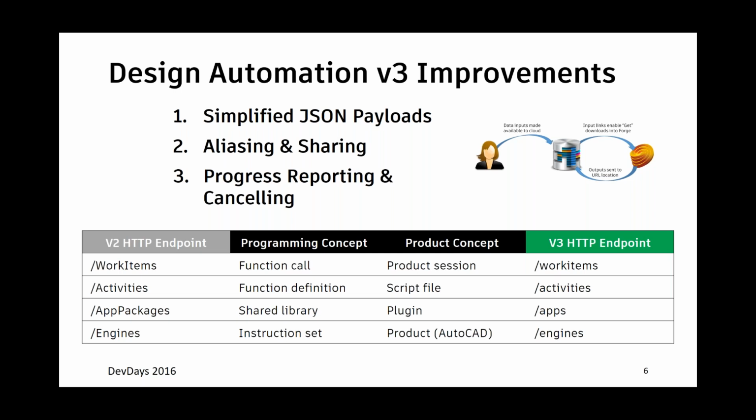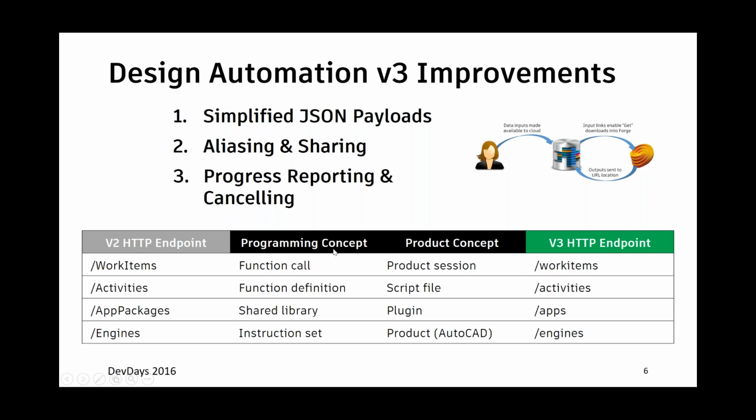In the table at the bottom, you can see the HTTP endpoints that we just talked about on the previous slide, as well as their updated endpoints for V3. So while the API did change, it's very familiar, right? Mostly these are just changes to the case of the items for consistency with our other solutions. And you can see here we have the programming concept and the product concept for each of these.